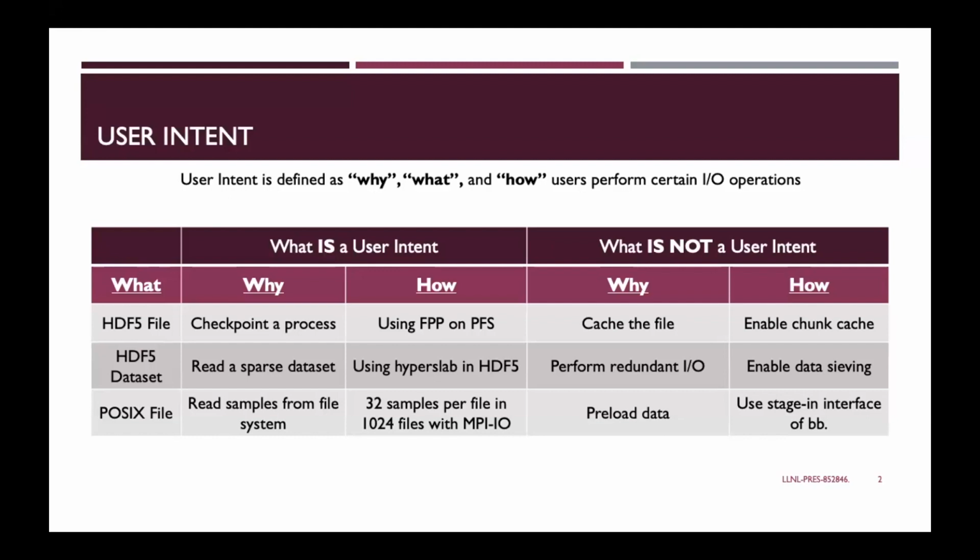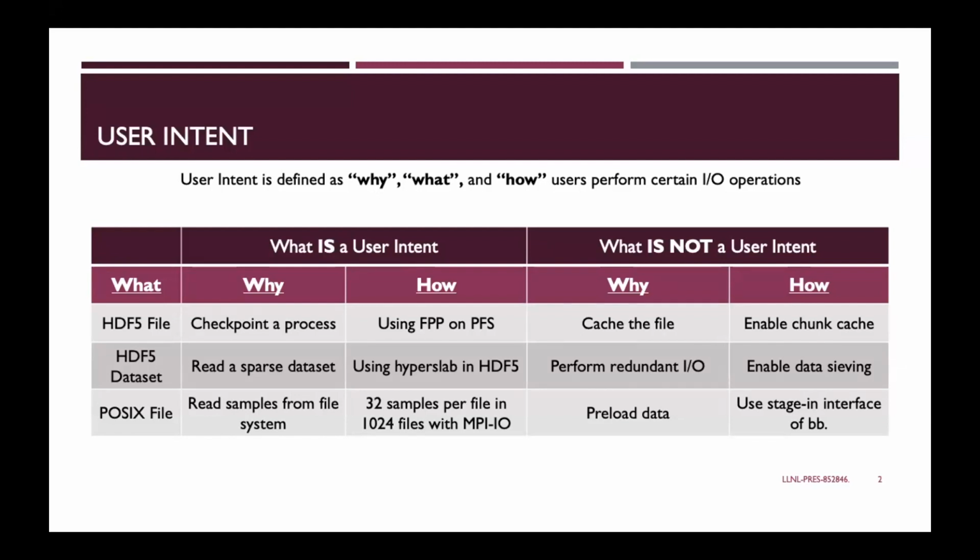For instance, with an HDF5 file as the what, user intent could be that I want to checkpoint a process, maybe file per process using zones. But what we generally think about when we look at the HDF library or any other software is, oh, I probably need to cache this file, or do chunk caching.